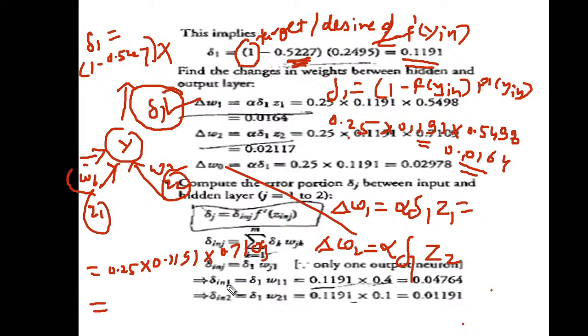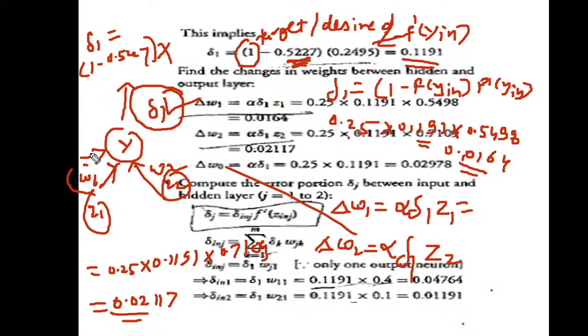Okay, 0.7109. So if you calculate, you will get 0.02117. So this is about the change in weights of W1 and the change in weights of W2.